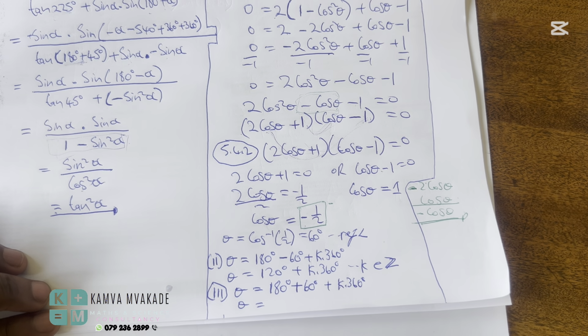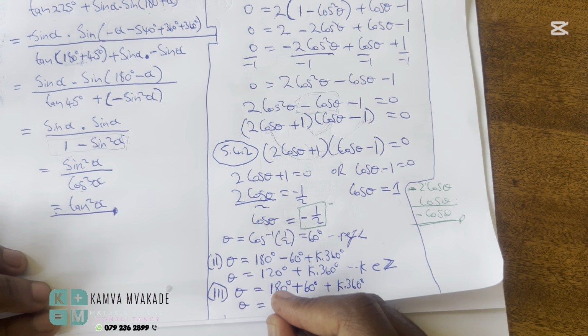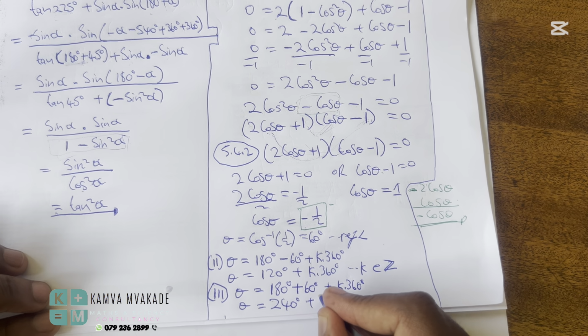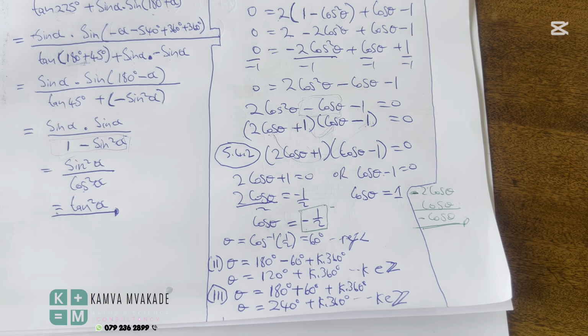So theta is going to be equal to 240 degrees plus k 360 degrees. K is an element of integers.